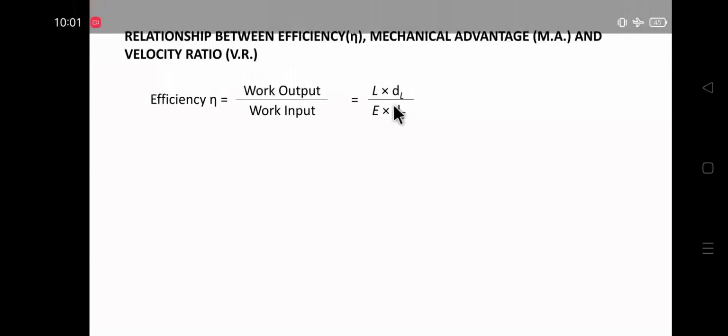This is what we learned in the previous video. Work output is equal to the load into the displacement of the load point, and work input is equal to the effort into the displacement of the effort point.